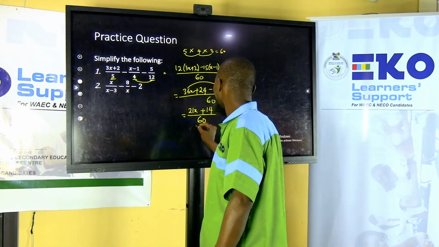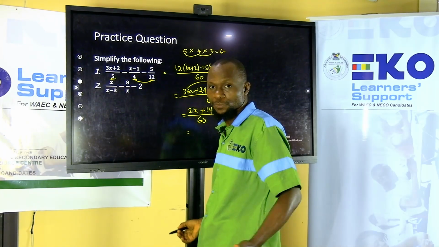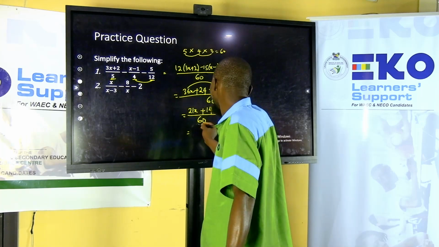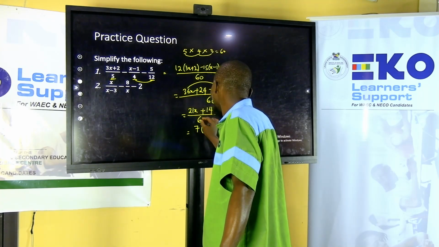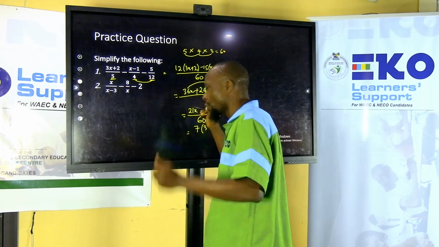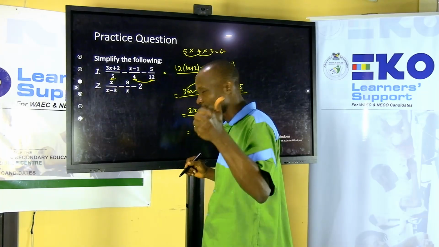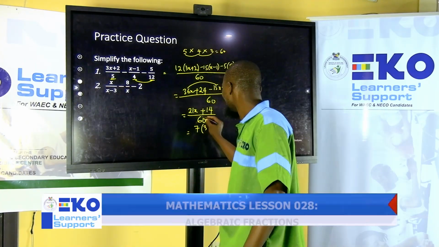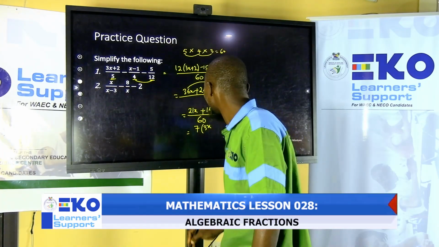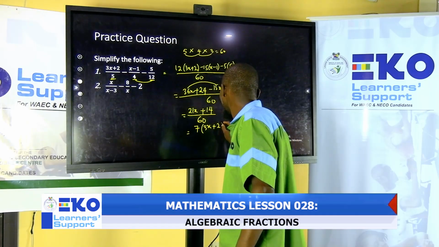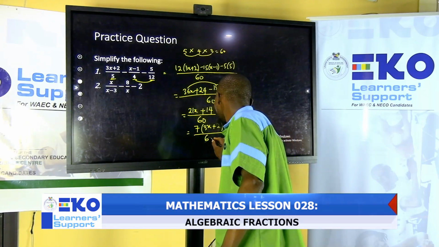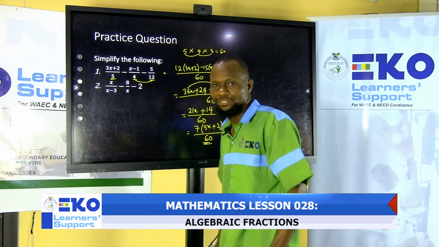Although 7 is common here, but it doesn't make any difference. So we can still leave it like this. Or 7 is common. You have, based on, remember, factorization. So check the earlier videos. 3x plus 2 over 60. So we can leave it like this.